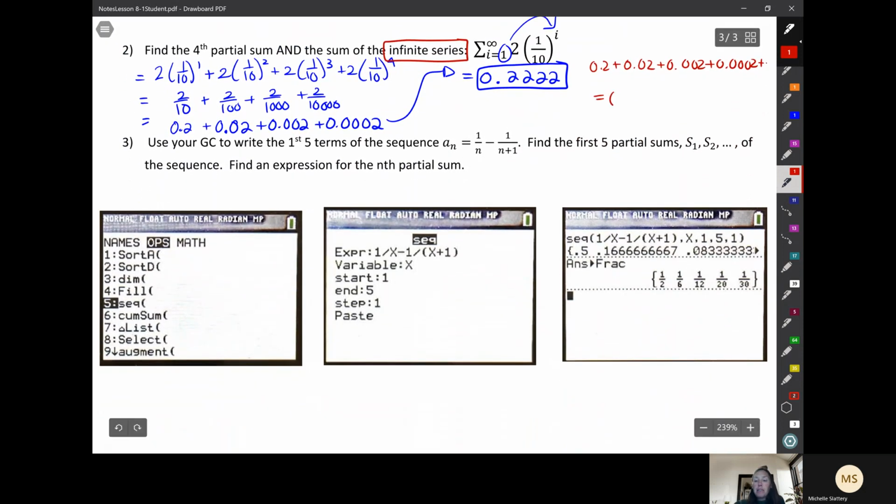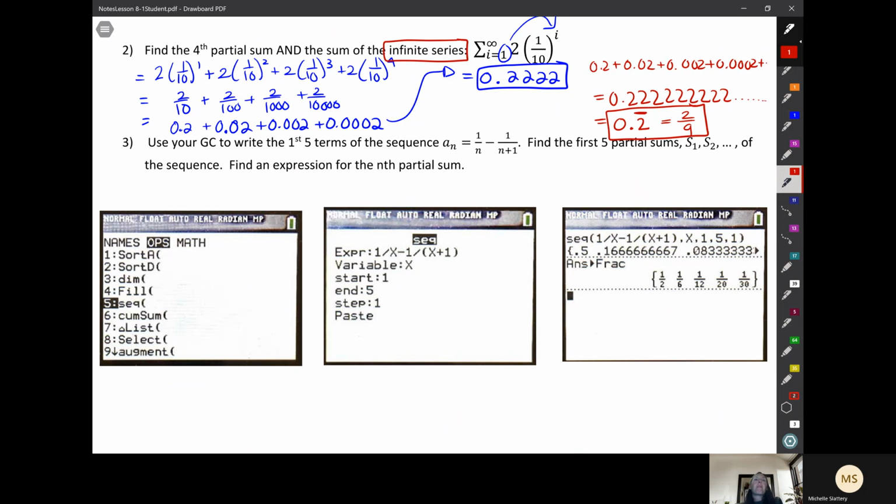So what that's going to end up being is 0.2222222222222 repeating. Remember that repeating bar over the top? And if you know how to change that into a fraction, that's going to equal 2/9. And if you don't know how to change it to a fraction, we will learn that later this chapter.